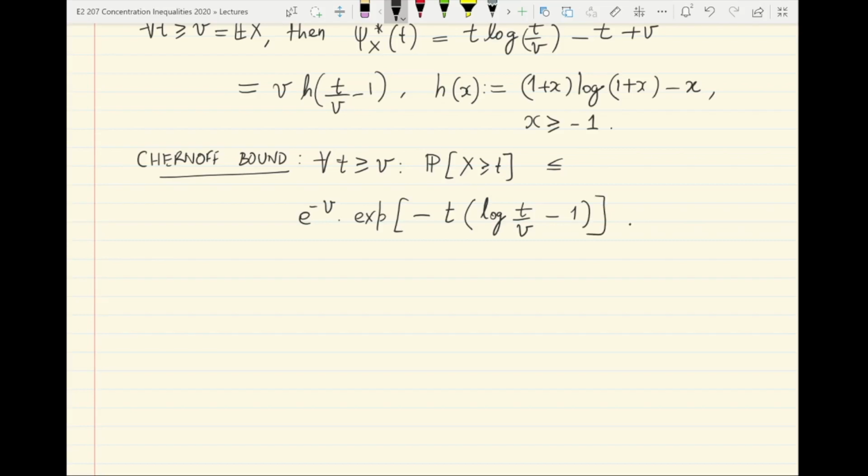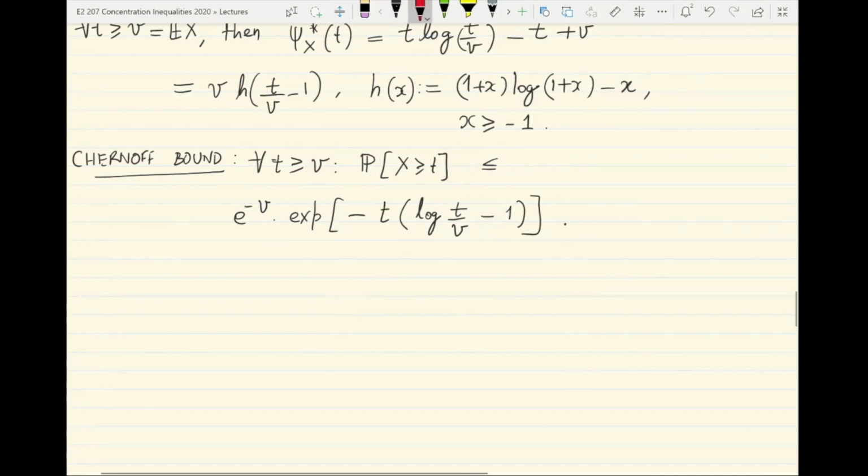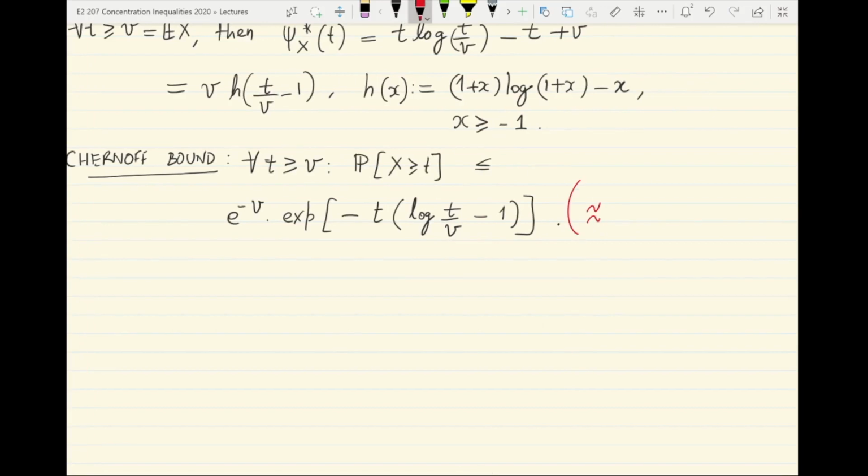So as t becomes larger and larger, this bound essentially goes down as e raised to minus t log t. So this is order-wise e raised to minus t log t. You can think of it essentially as having an exponential type tail. Okay, slightly heavier than an exponent, slightly lighter than an exponential tail because of the presence of log t that multiplies the t in the exponent.